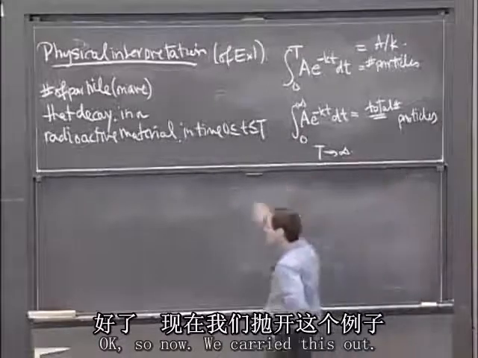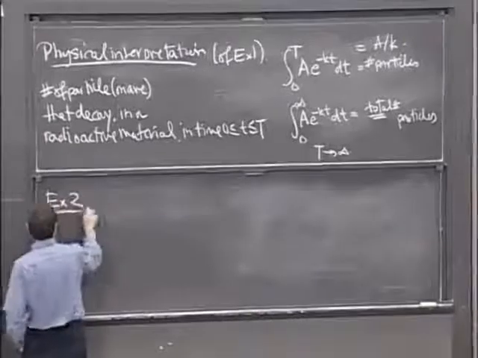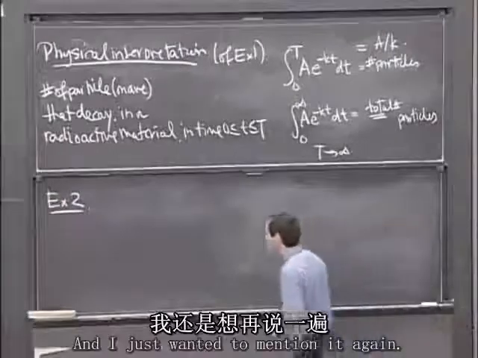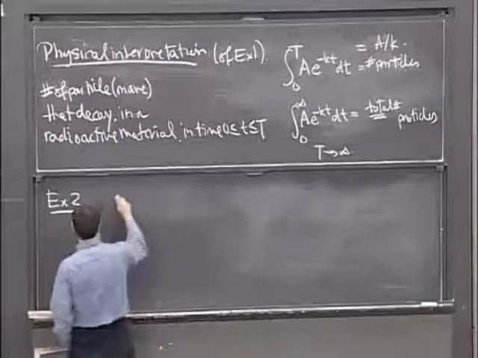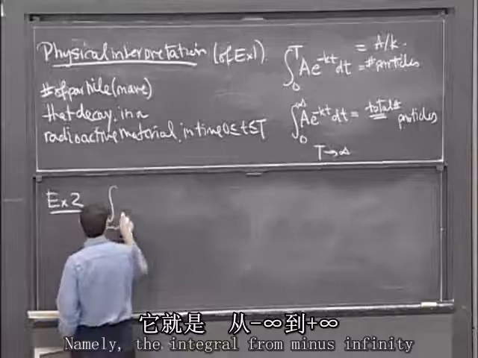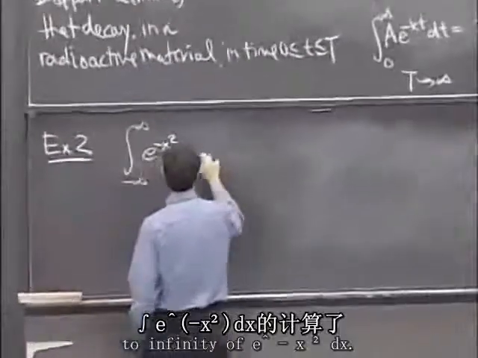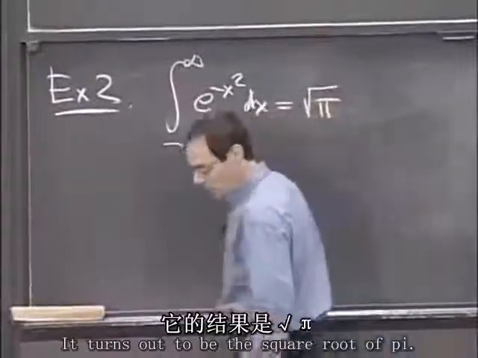Okay, so now, we carried this out. There's one other example which we talked about earlier in the class, and I just wanted to mention it again. It's probably the most famous after this one, namely the integral from minus infinity to infinity of e to the minus x squared dx, which turns out amazingly to be able to be evaluated and turns out to be the square root of pi.